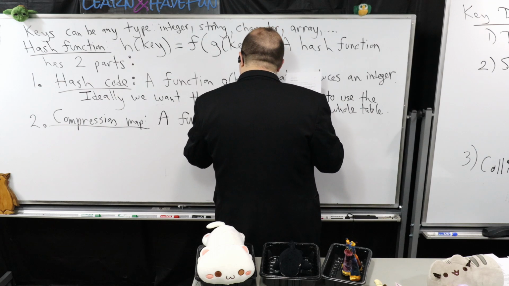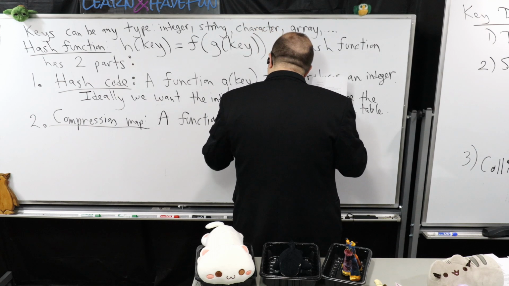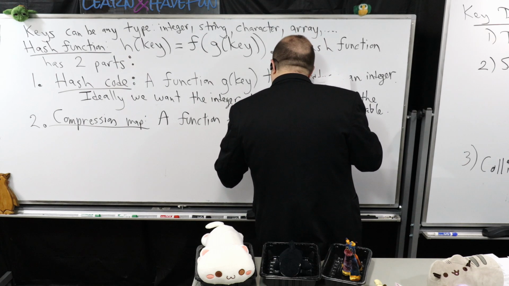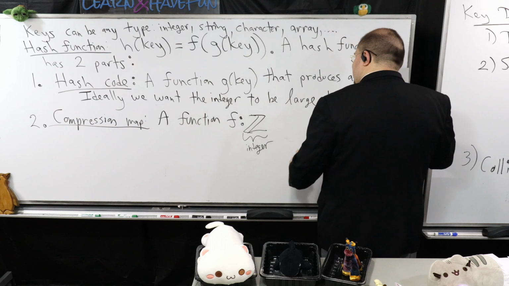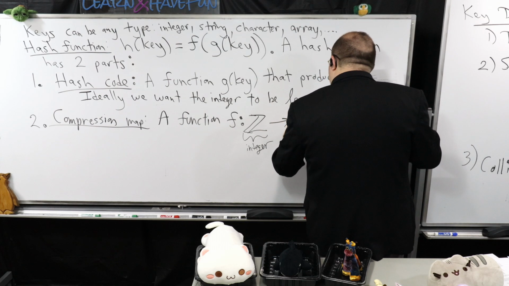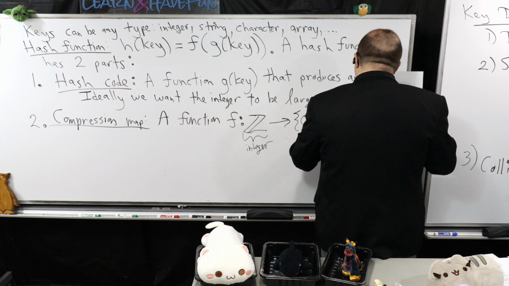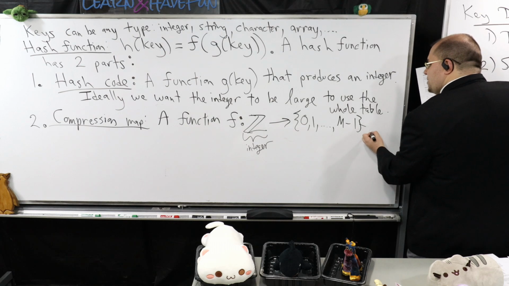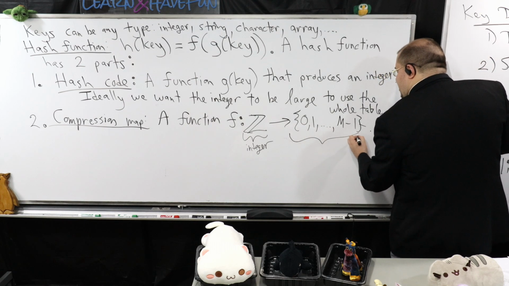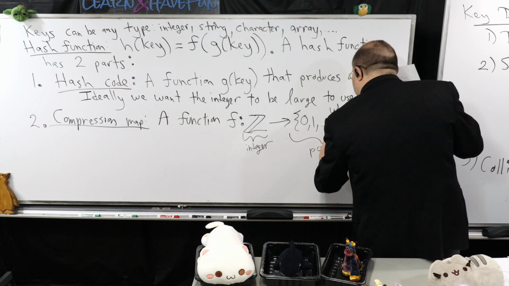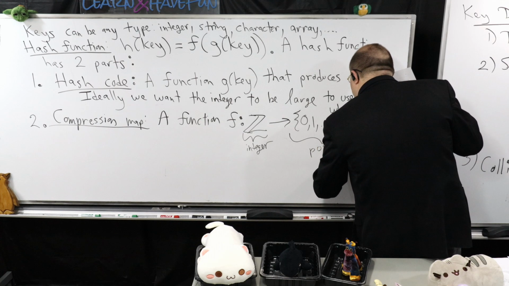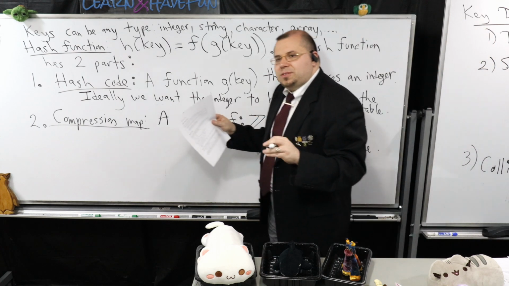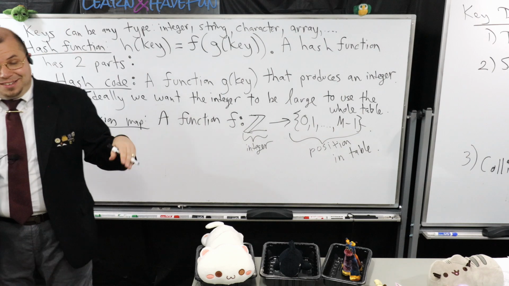A function f takes as input an integer, and it produces as output a number between 0 and capital M minus 1. So this is just a position in the table. So that's what a hash function is. It's just these two parts put together.